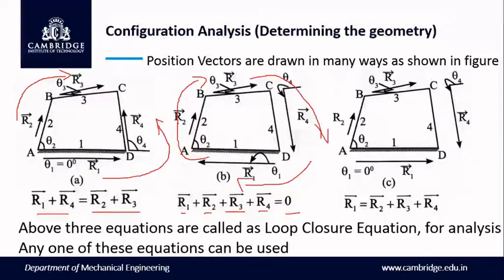Whereas in the third case, r2, r3 and r4 are three vectors following in one direction, whereas r1 is following in another direction. Therefore, r1 will be equal to r2 plus r3 plus r4. So these are the three loop closure equations. Among the above three, any one can be used for the analysis, that is, configuration analysis.